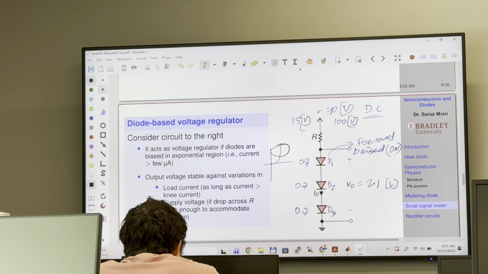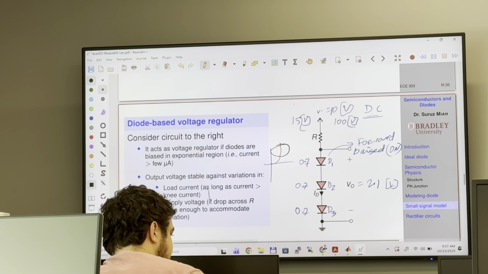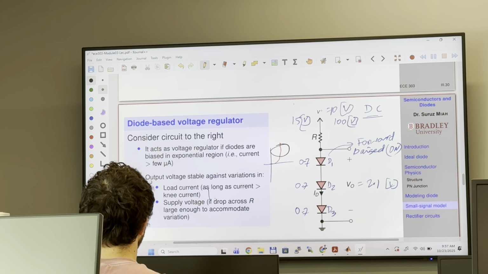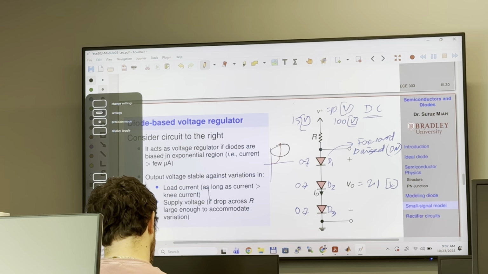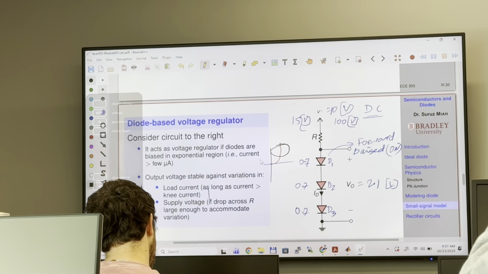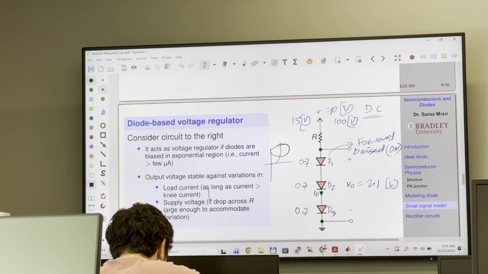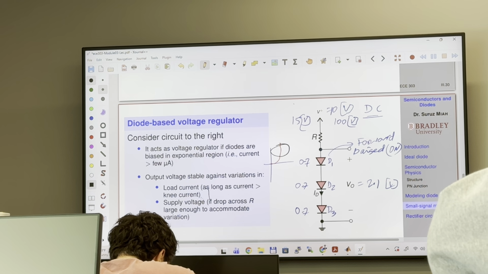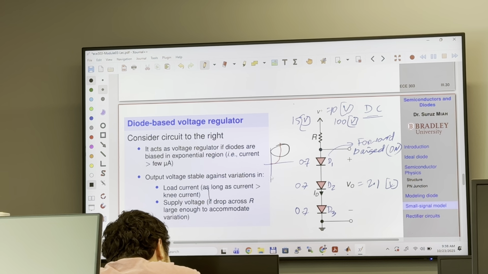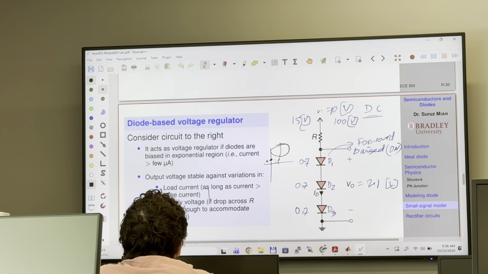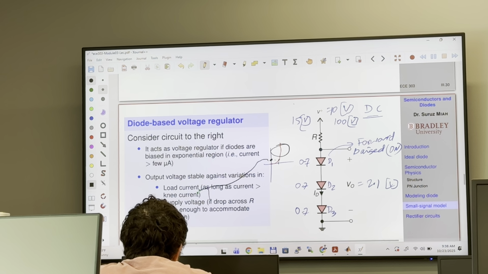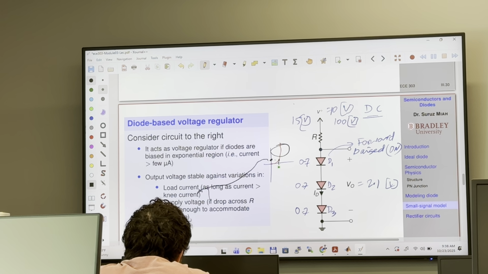Based on this circuit, the diode has to operate in the exponential region and the current has to be greater than a few microamperes, as long as the current is greater than the knee current. This much current is called the knee current, and this voltage is called the knee voltage, which is 0.7 volt.